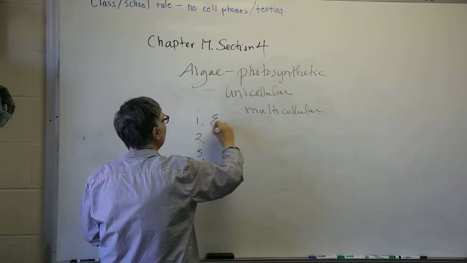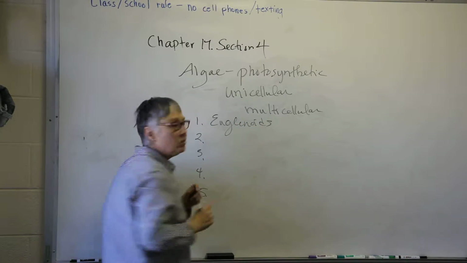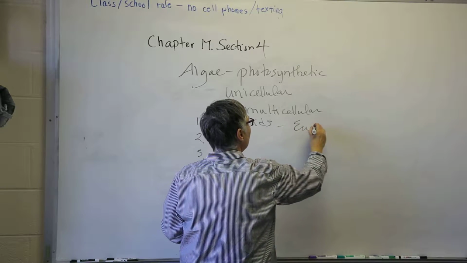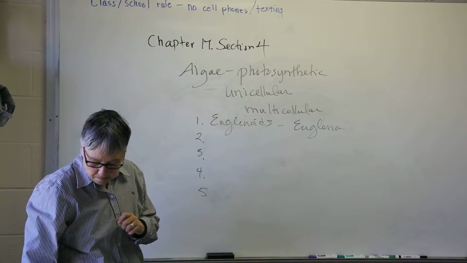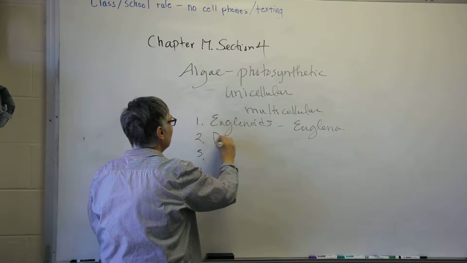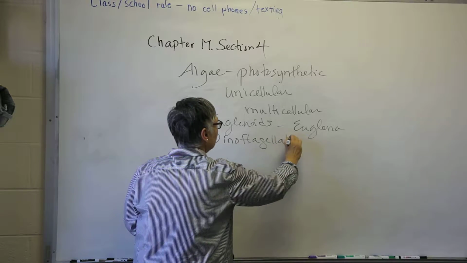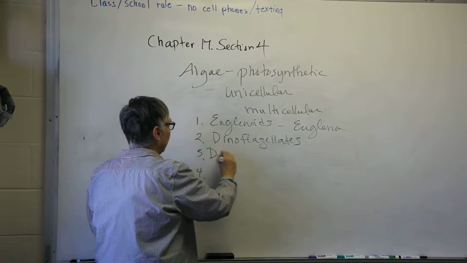So first we have a group called the euglenoids, and a common genus is Euglena. Second category are the dinoflagellates. Third grouping are the diatoms.